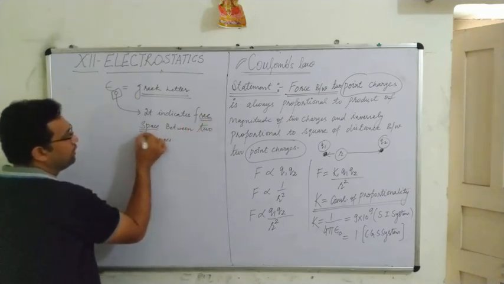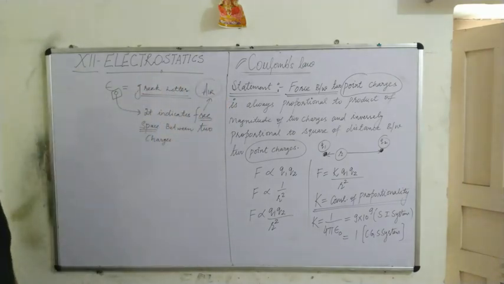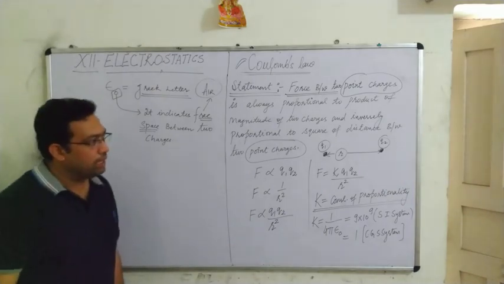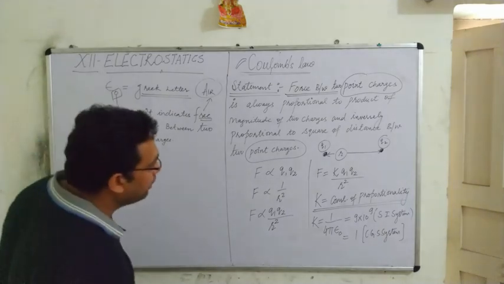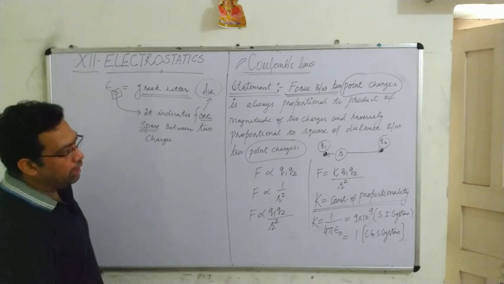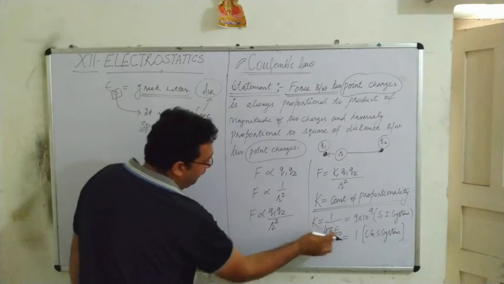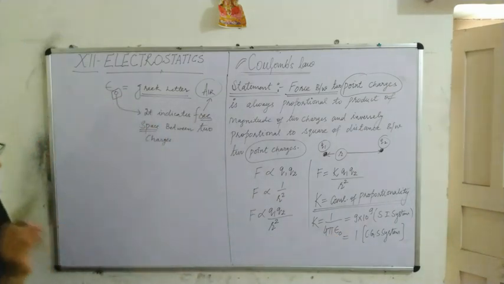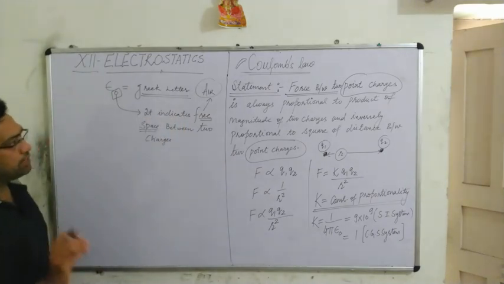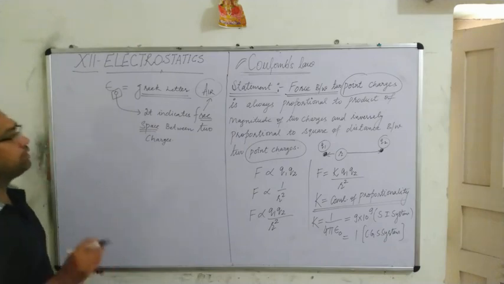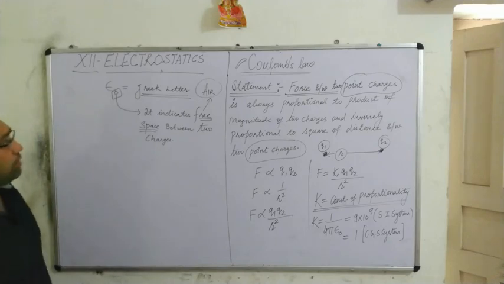Meaning of free space, that is air. So whenever two charges are placed in air having separation r, then we are using epsilon naught in the value of K. It means that 0 indicates there is free space between two charges, there is simple air between two charges, there is simple medium between these two charges.